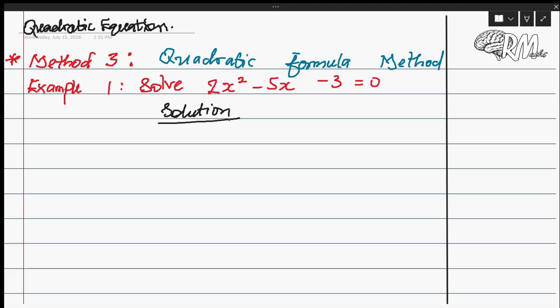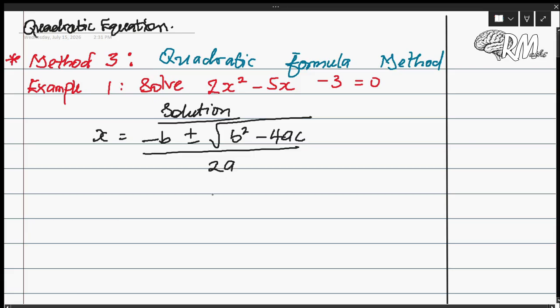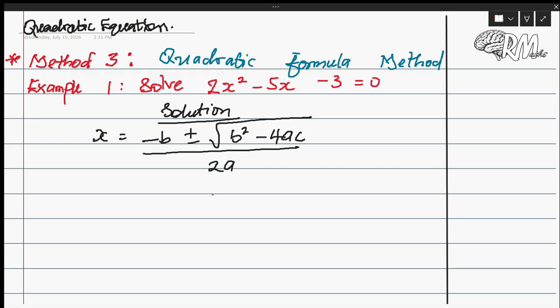Then we apply the quadratic formula method, which simply gives the formula as x equals minus b plus or minus the square root of b squared minus 4ac all over 2a. Now this is the general formula for the quadratic formula method, and where we have this b, a and c, I'm going to show you now.